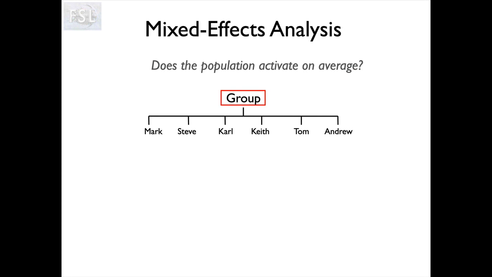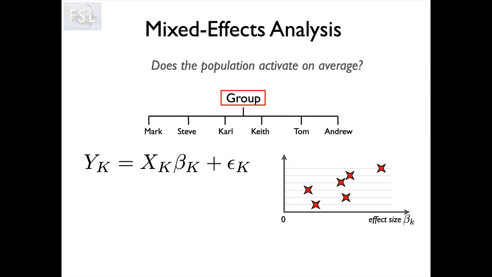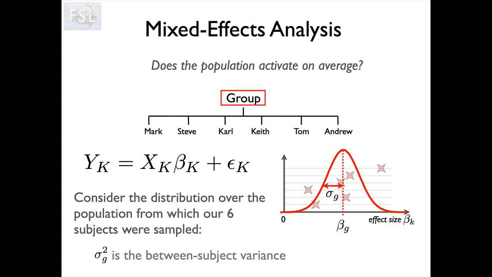Mixed effects is different. Here, we have the same first level design happening, we have the same estimates. But now we're not only interested in the mean value, we're also interested in the variance around that mean value, because that captures the fact that we have some variability between subjects, and the fact that if we took a different set of 6 subjects from a wide population, then we would not get these exact 6 values again.